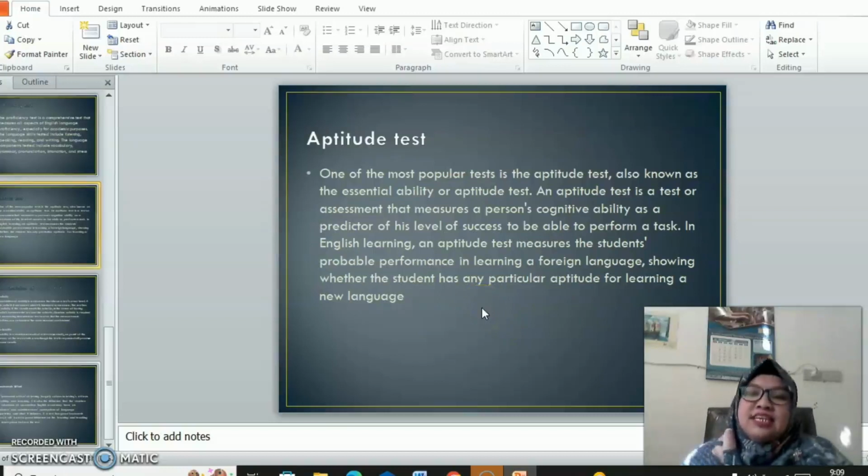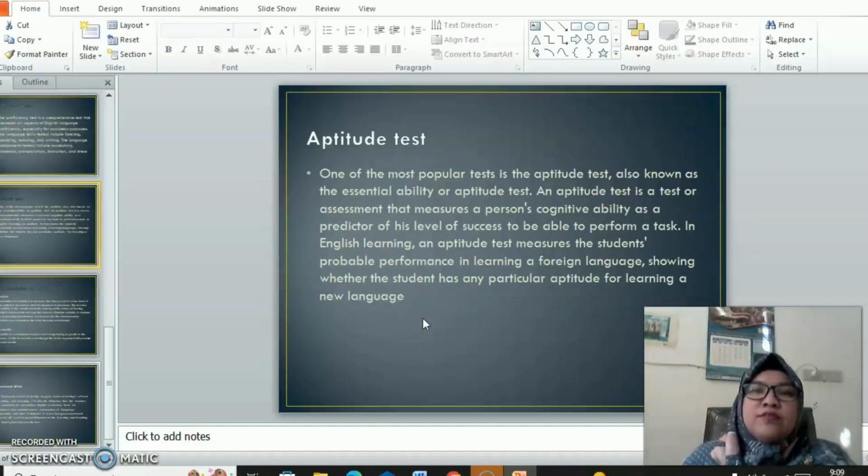So actually, every student has his or her own capacity to learn a foreign language. And such kind of tests which can predict their prior performance before we really know the actual performance is by conducting the aptitude test.